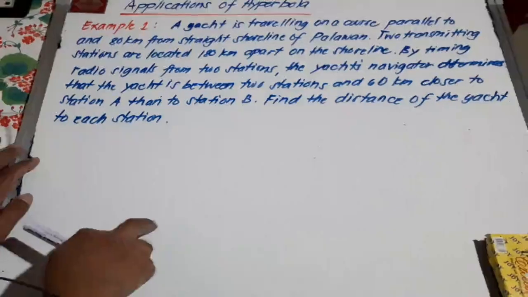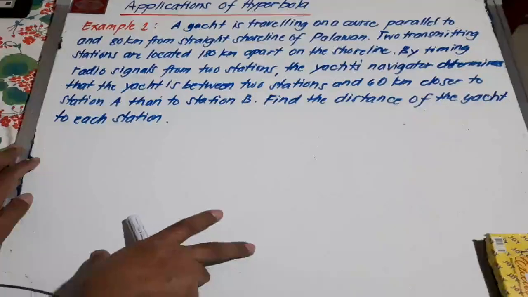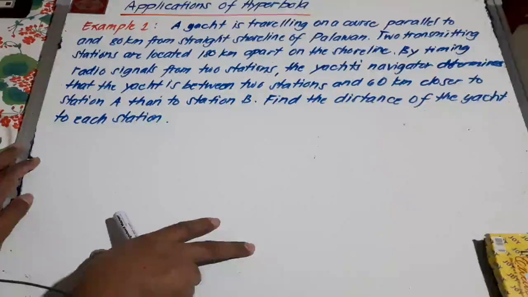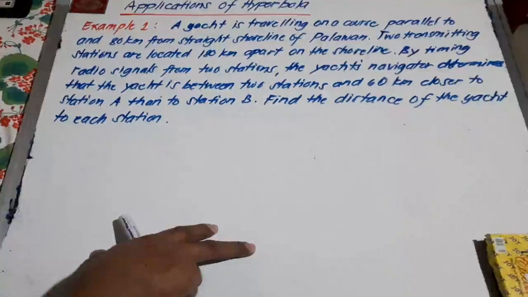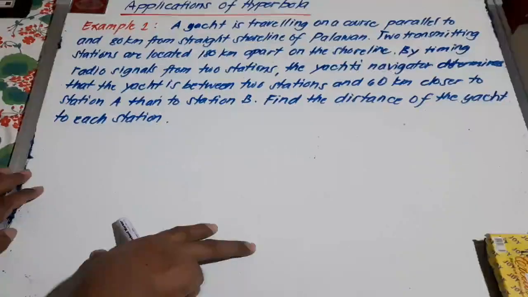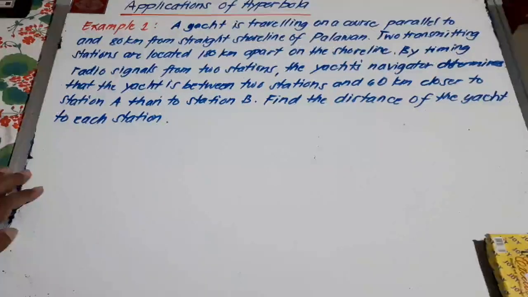Tapos may dalawang transmitting stations 180 kilometers apart na nasa shoreline. Tapos nag-release ng radio signals yung dalawang stations to locate the yacht. And it determines that the yacht is between the two stations, 60 kilometers closer to station A than to station B. We're going to determine the distance of the yacht to each station.